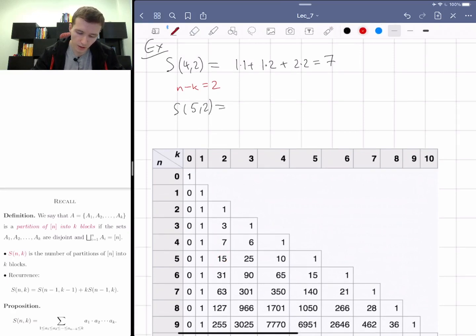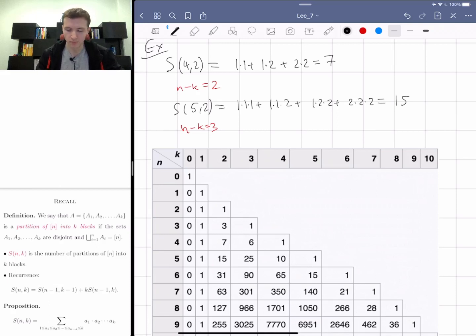Here n minus k is equal to 3, so I'm taking longer sequences, but in each sequence I'm only using 1s and 2s, and they have to be weakly increasing. So 1 times 1 times 1 is 1, plus 1 times 1 times 2, plus 1 times 2 times 2, plus 2 times 2 times 2 is 8. That's 8 plus 4 plus 2 plus 1, which is 15. So it works.